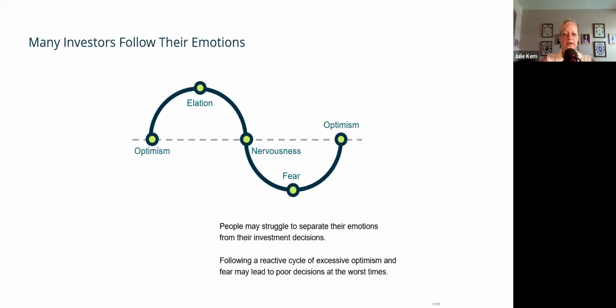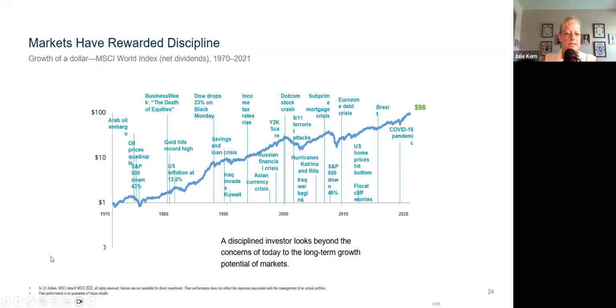But again, if you follow your emotions down here and you sell, you're selling low. So you bought high and then you're selling low. That's the exact opposite of how you win in investing. You always want to buy low, sell high. And then the cycle goes back to optimism and it just starts over again. So emotions are basically your worst enemy in investing.